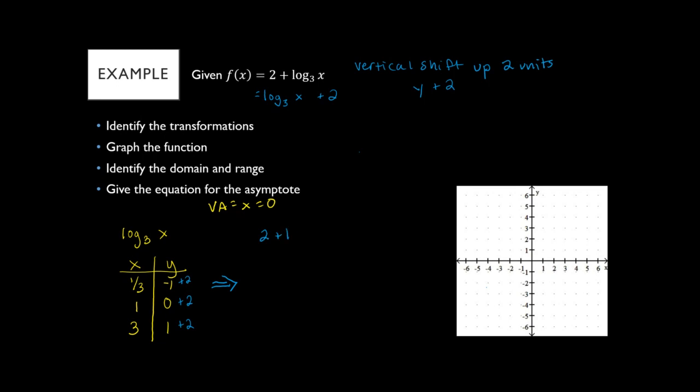So if we were to actually graph 2 plus log base 3 of x, there's been no transformations to my x values, so those are all the same. And I'm adding 2 to all the y values. So -1 plus 2 is 1, 0 plus 2 is 2, 1 plus 2 is 3.